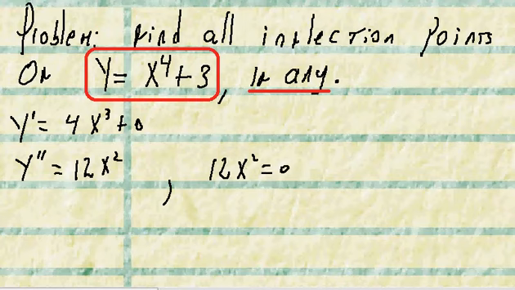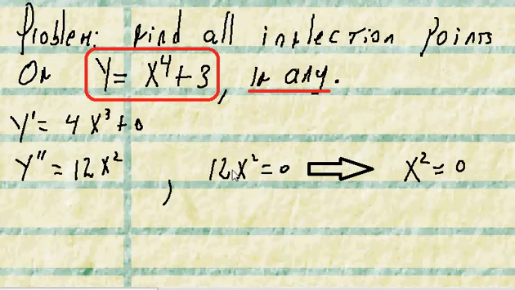Now that implies that x squared equals 0, and therefore we have that x is equal to 0. So the only possible value of x that leads to an inflection point is x equals 0.